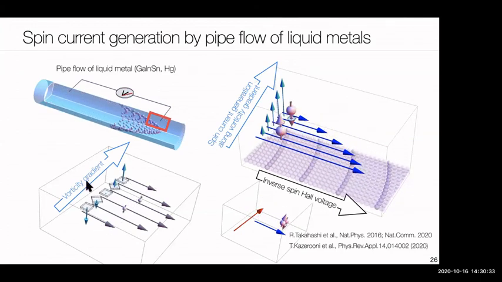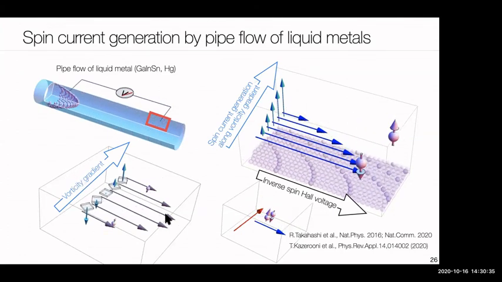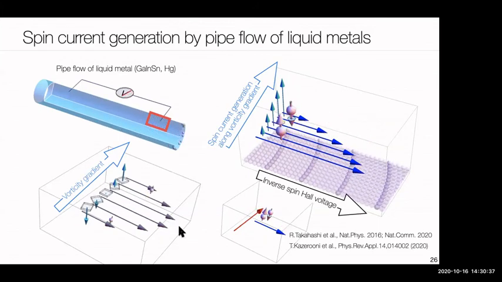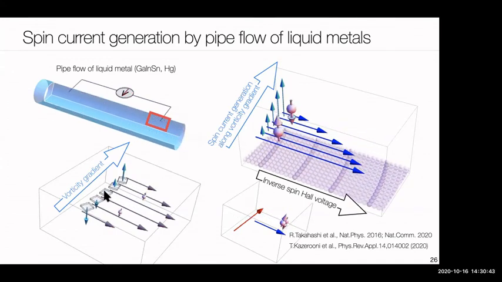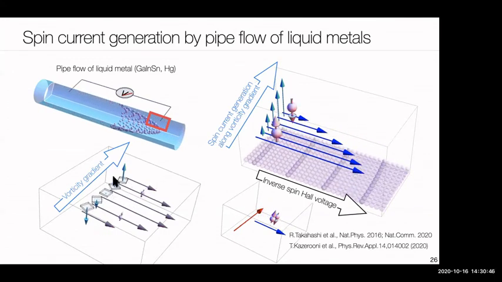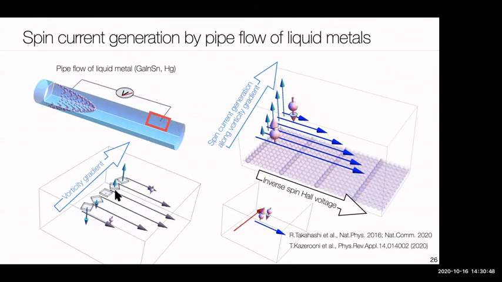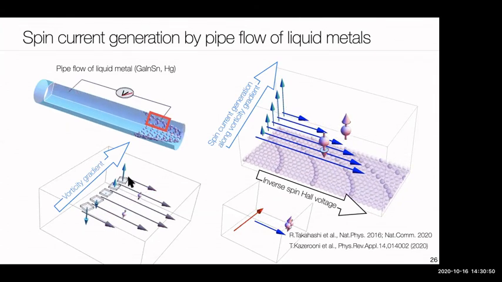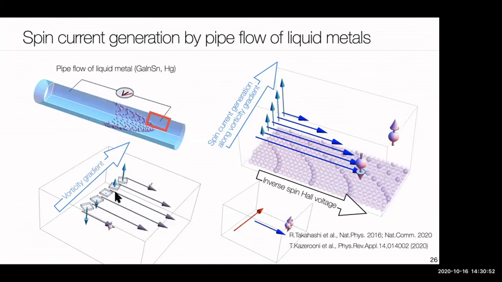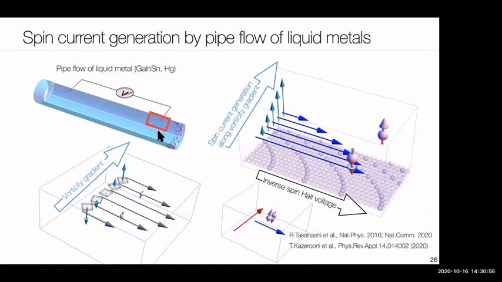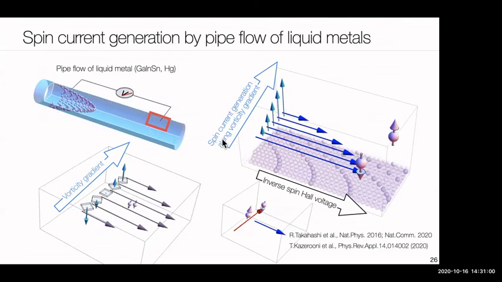But at the center of the pipe, the flow velocity becomes the maximum. Then we obtain the vorticity gradient in this way. Okay, so due to this vorticity gradient field, the spin current is generated in the radial direction, and this is the mechanism of the spin current generation.